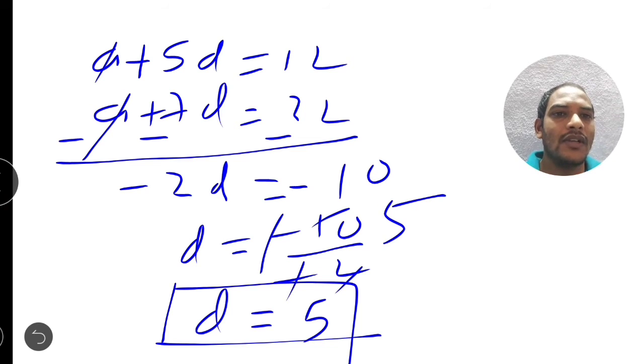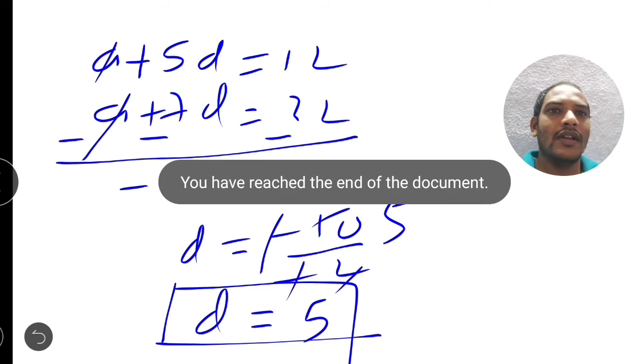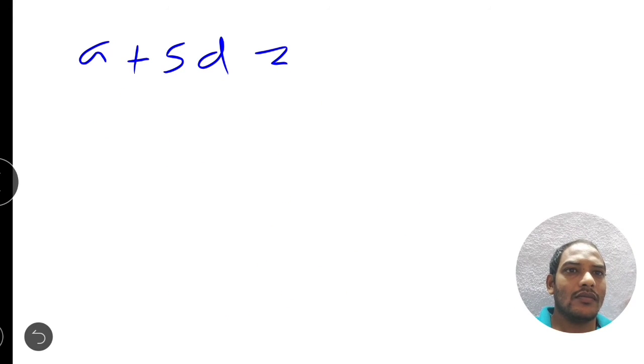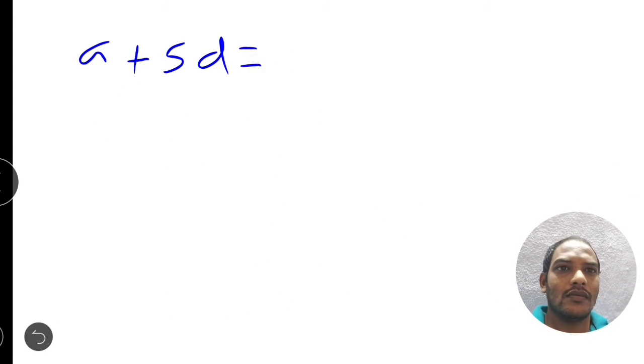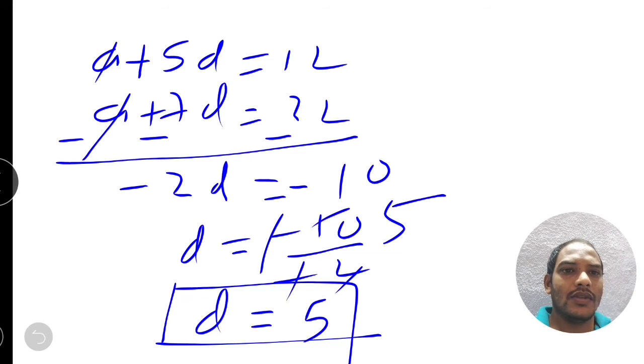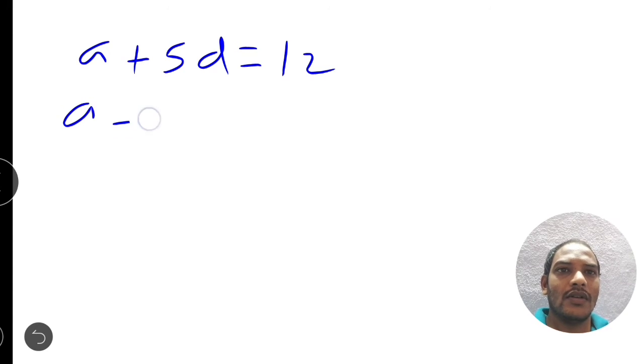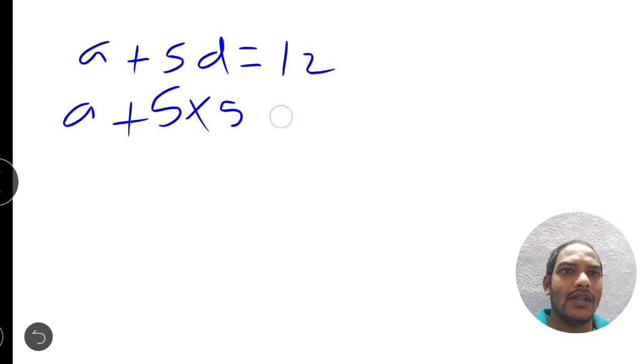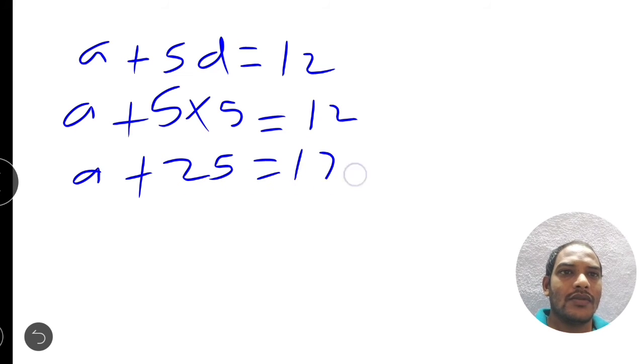So let's substitute the d value 5 in either equation 1 or equation 2. What is the a value we require to find out? a plus 5 into the d value 5 is equal to 12. 5 fives are 25, it is equal to 12.